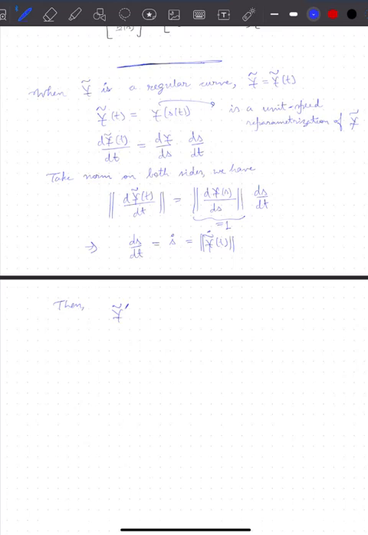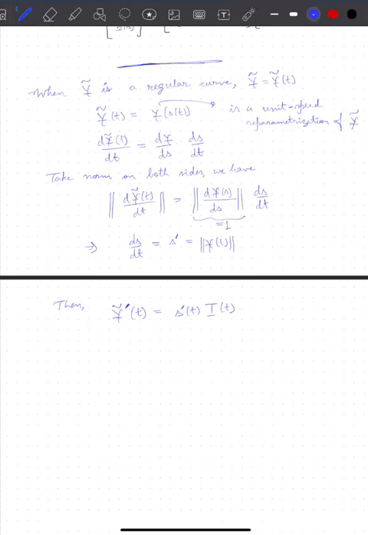Just to remove any confusion, let's take prime to indicate differentiation with respect to t. So gamma vector tilde prime is equal to s prime as a function of t into capital T vector.